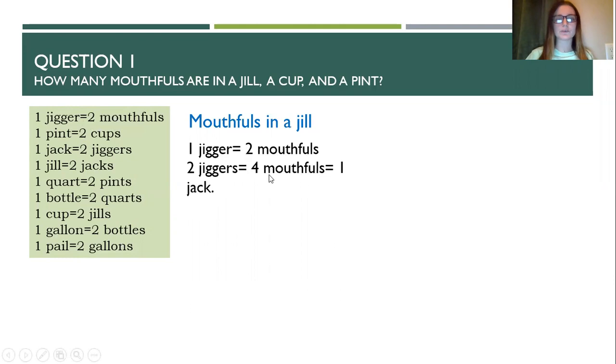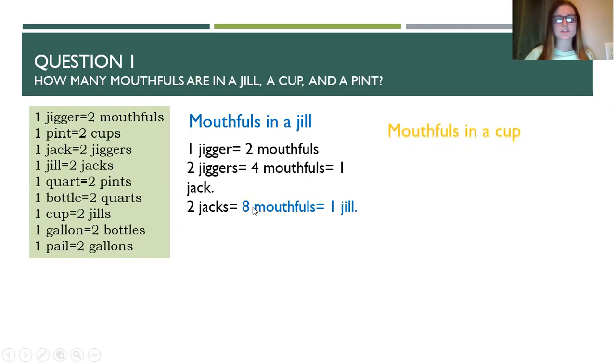Then we are going to double this number again. So 4 times 2 is equal to 8. So 2 jacks equals 8 mouthfuls, which equals 1 gill. So 8 mouthfuls are in 1 gill. And then to find out how many mouthfuls are in a cup, we are going to double this number again.